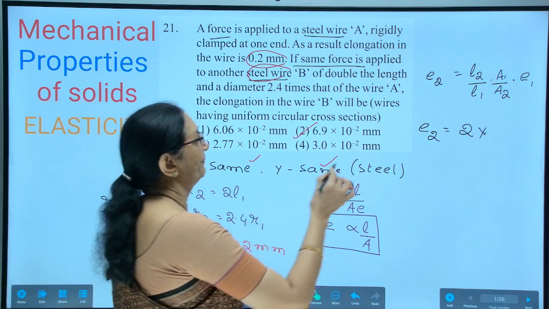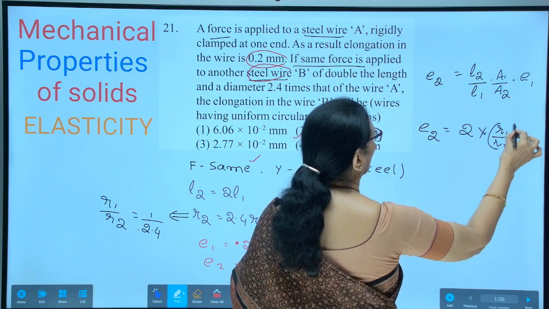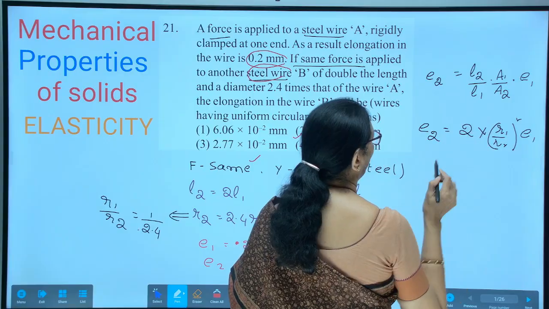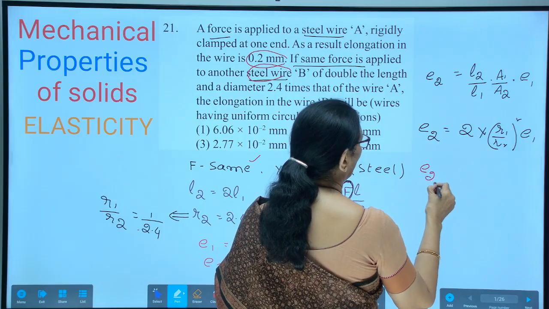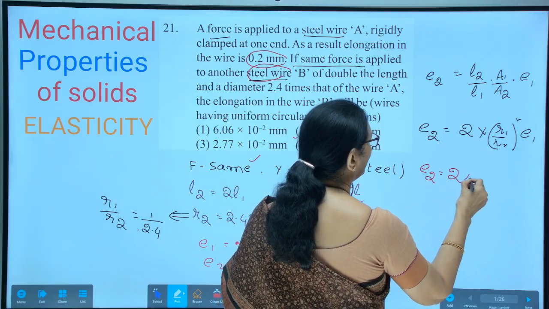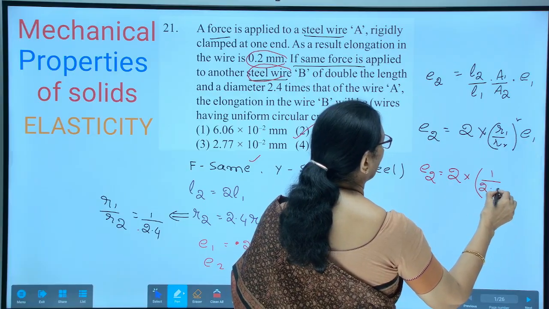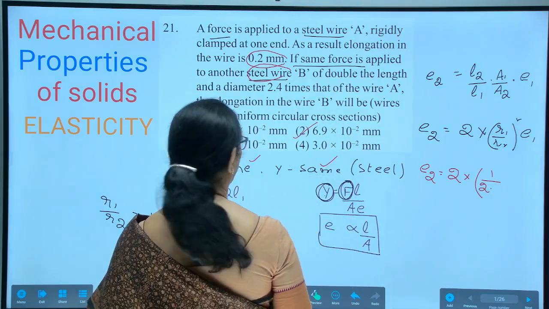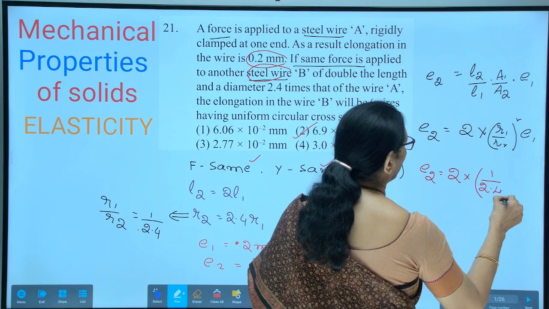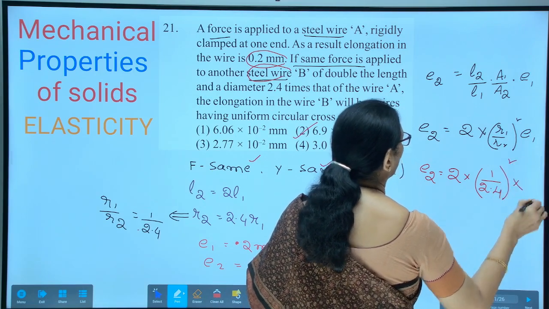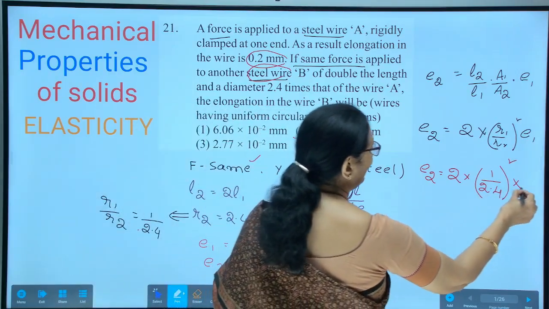So, A1 by A2 will be R1 by R2 whole square, into E1. So, here on substitution, E2 is equal to 2 into R2 by R1, that is 2.4, into R1 by R2, that is 1 by 2.4, whole square, into E1 which is given as 0.2 millimeters.